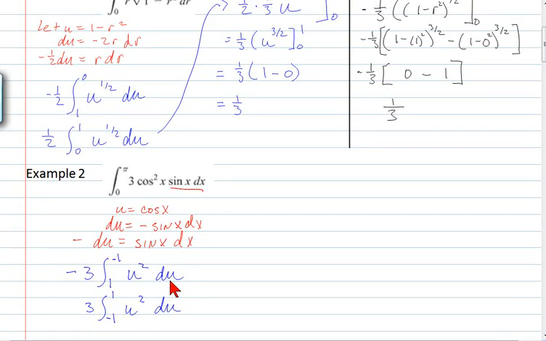Do you see why? Because if you don't see it, I need to explain it. This is the easiest part once you see it, but if you don't see it, you don't see it. This 1 came from looking at cosine of 0. That's where we got this new lower bound.